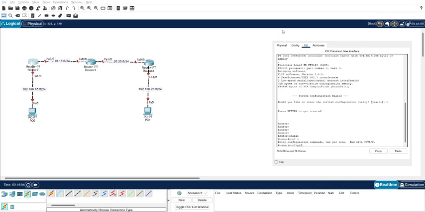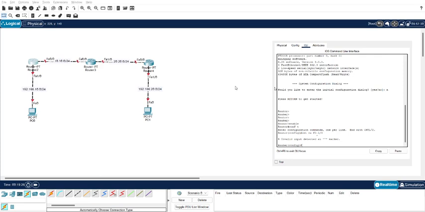To shorten the command, we will use int f in range, which means interface range, f 0/1 to 0/1.